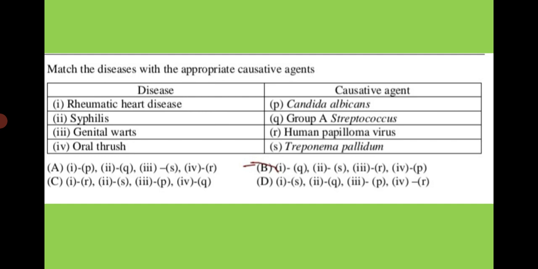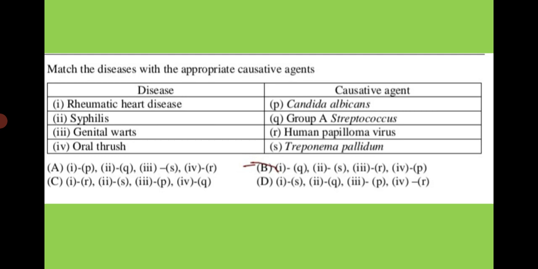Then the next question: match the diseases with the appropriate causative agent. Rheumatic heart disease is not caused by the organism Candida albicans, it is caused by group A streptococcus. Syphilis is caused by Treponema pallidum, a sexually transmitted disease or STD.